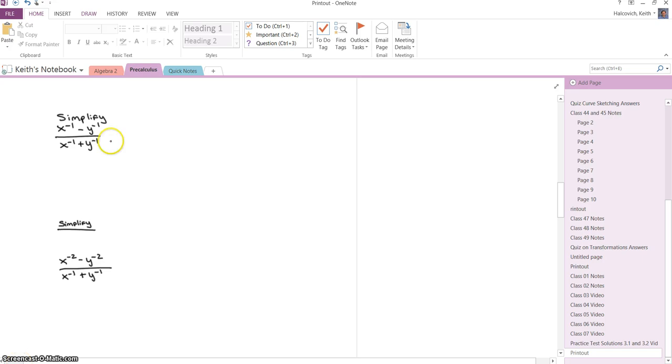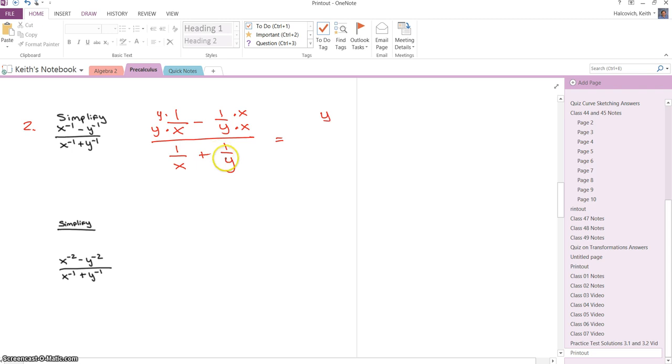Alright, so this next one here, notice first we have 1 over x plus 1 over y at the bottom of a fraction, and 1 over x minus 1 over y on top. We get a common denominator here, so we're going to multiply by y, and here by x.